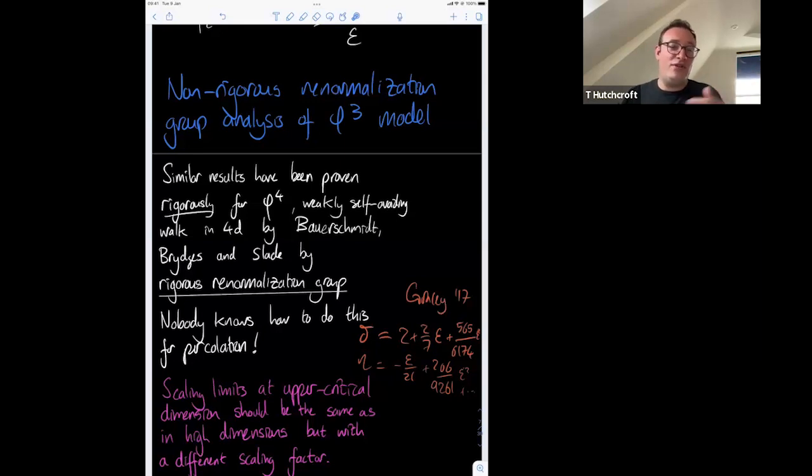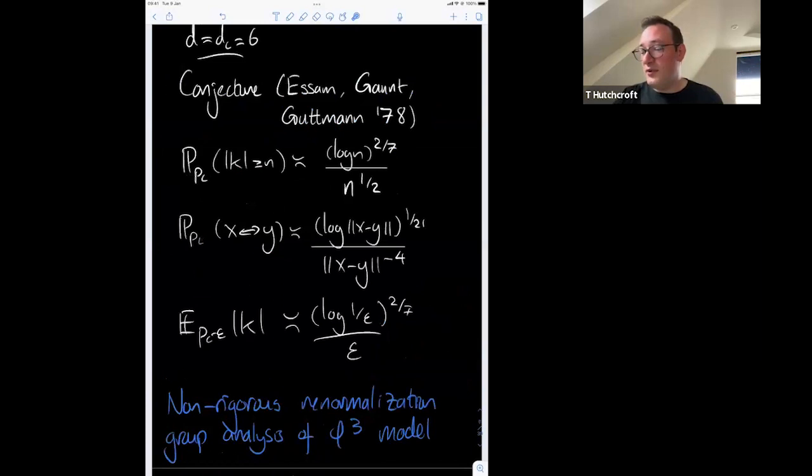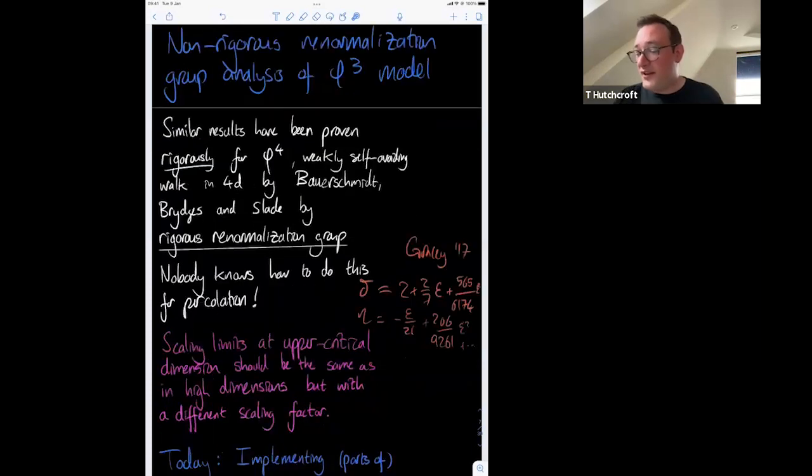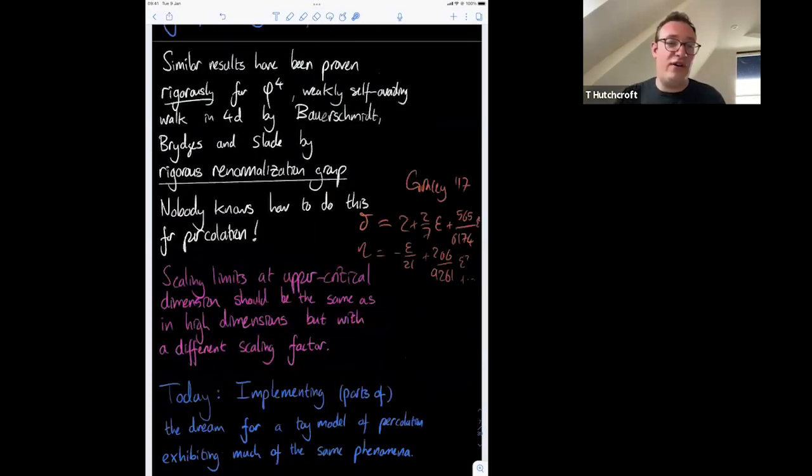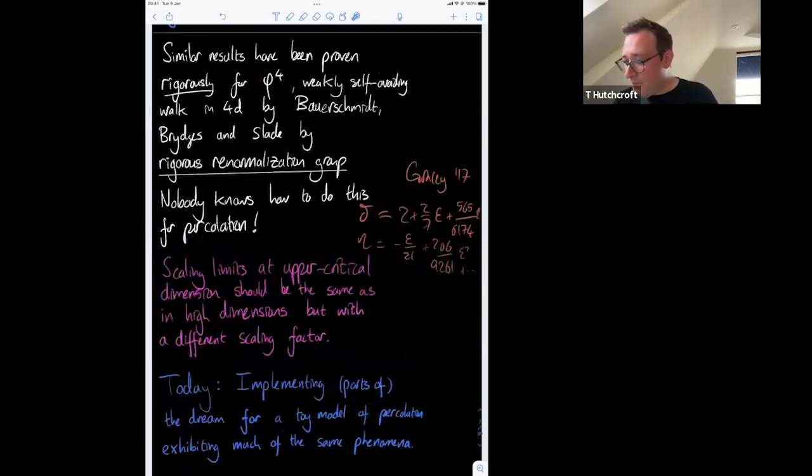And then right at the end, you take the Q goes to 1 limit in these expressions. Again, this gives you answers which are consistent with these predictions that come from the phi-cubed model. And they're probably correct, but this is very far away from being any kind of rigorous analysis of percolation. Okay.